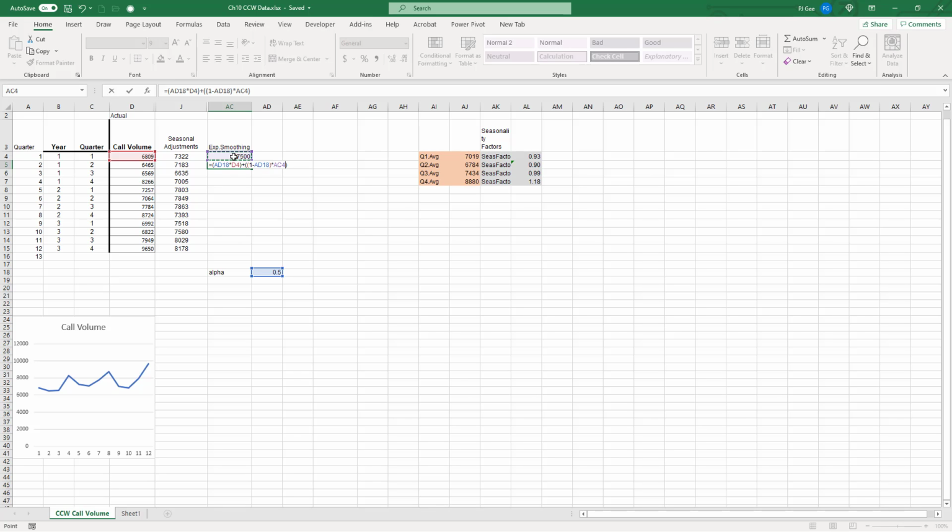Okay, and with that, let me just trim that in a little bit. Okay, there we go. I need to make an adjustment on this one because what we need to use is the seasonally adjusted value. Let me just fix that.